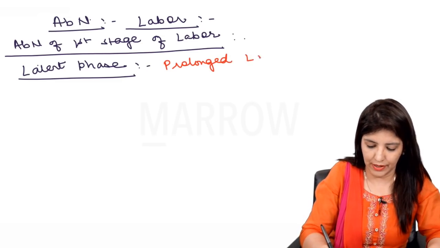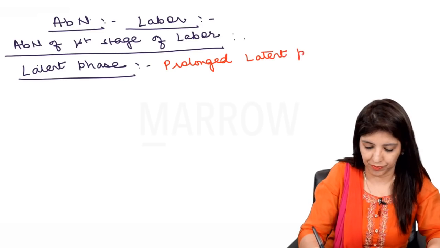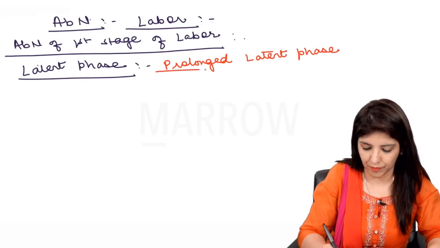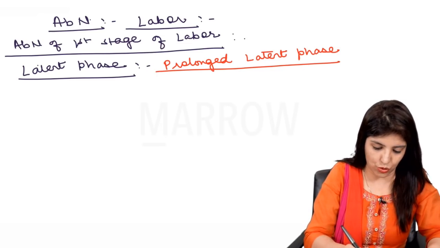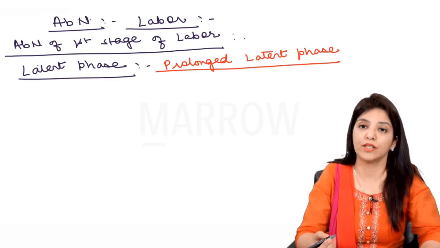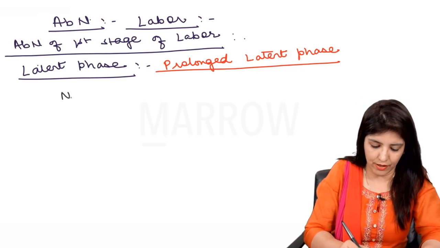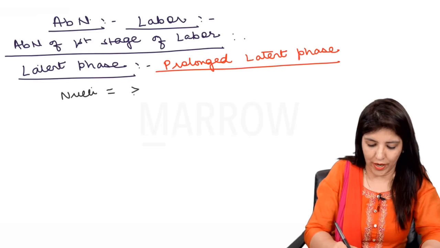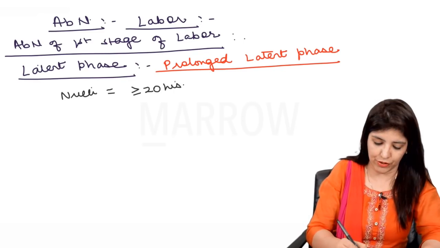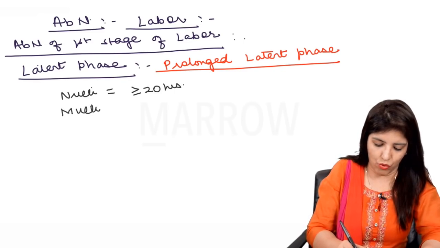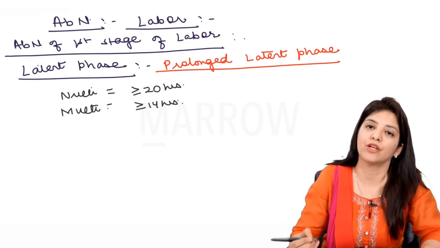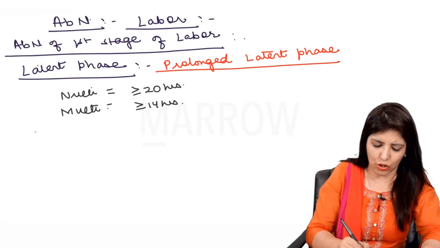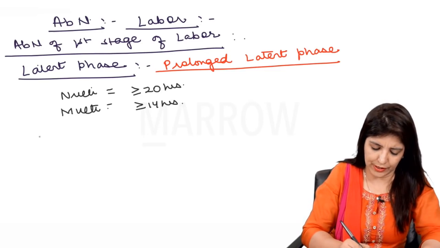Prolonged latent phase. Latent phase, as I told you, you are going to call it prolonged if it is more than or equal to 20 hours in a nulliparous female or more than or equal to 14 hours in a multiparous female. Now, what can be the causes of prolonged latent phase?